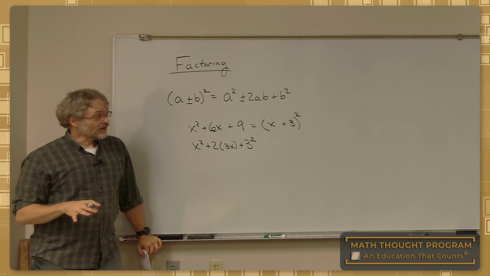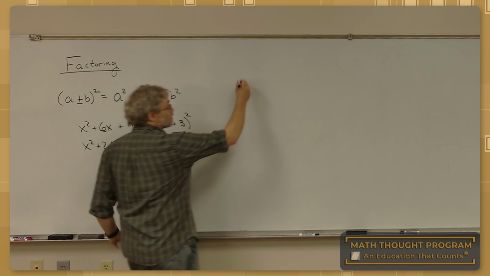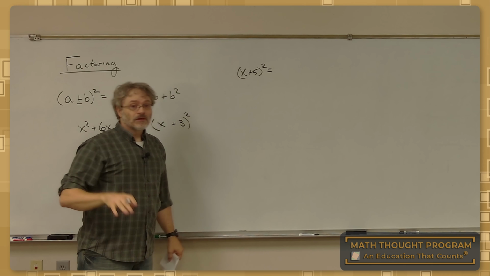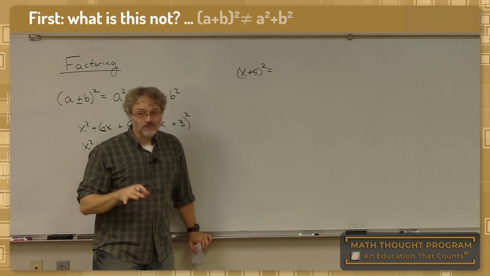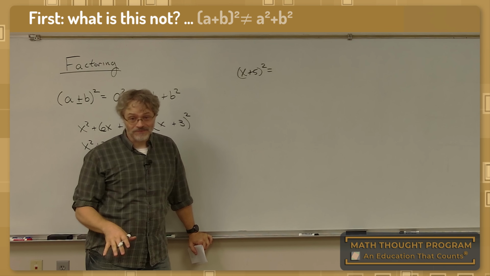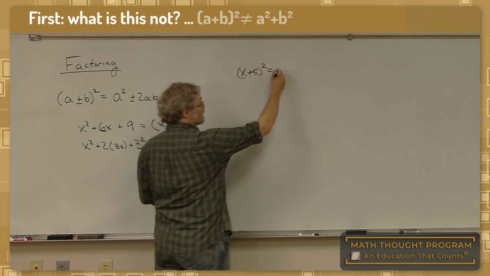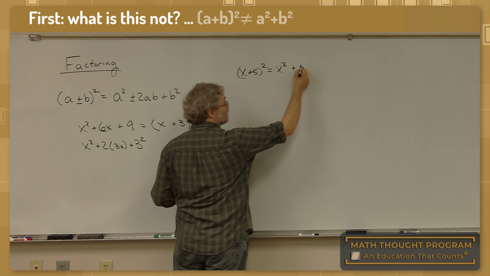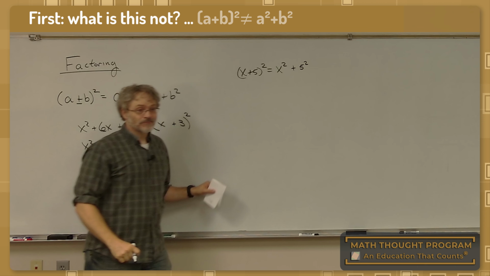Again, if I have x plus 5 and I square this out, the most commonly wrong answer that I see all the time on exams is students just take the x and square it, take the 5 and square it, and go about their problem.